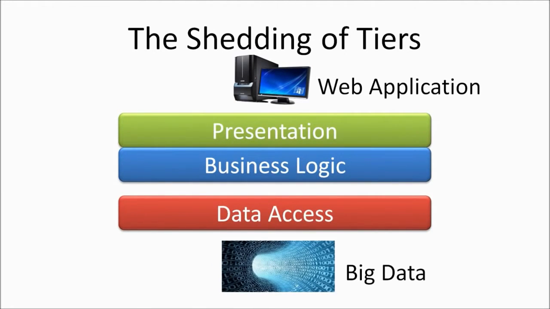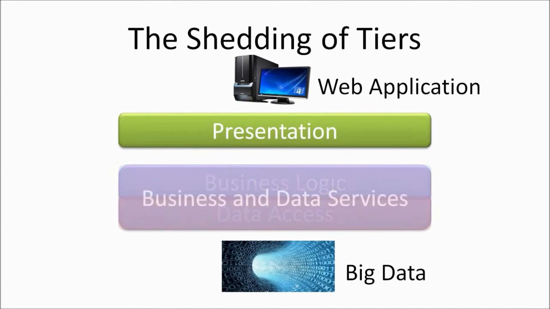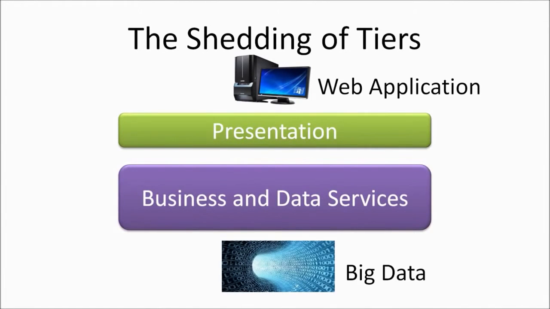So there's really a blurred line between what's happening in the business logic tier and what happens in the back-end data resources. As a result, we see that the distinguished tiers between business processing and data access go away, and we really get this conglomerated tier of business and data services processing.